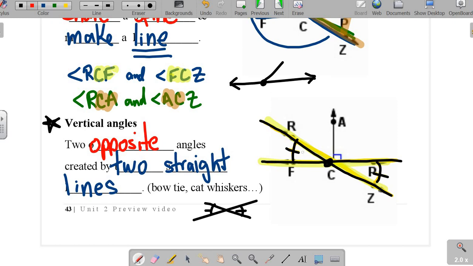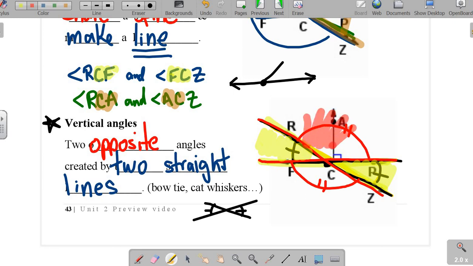So they're congruent going that way, and also, watch, two straight lines, both the acute and the obtuse angles are congruent. What's going on here is the angles opposite of each other, created by straight lines, are congruent to each other.